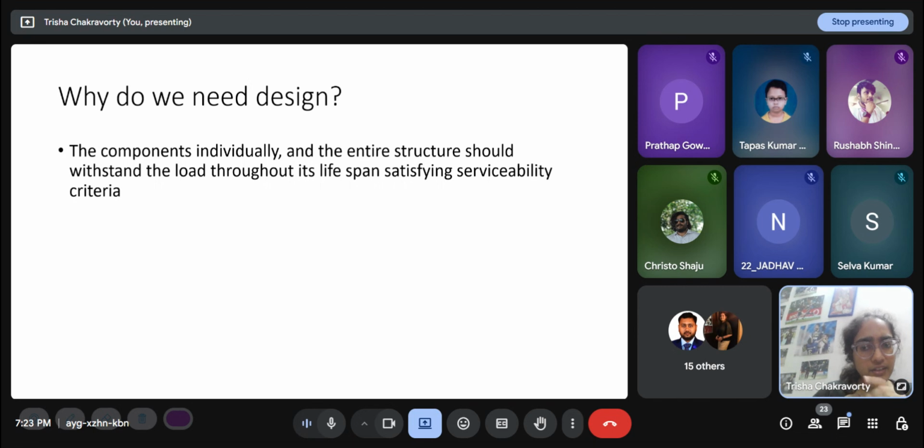Then my structure has not collapsed, but it is not serving the purpose for which it was built. Or for example in parking lots, there has to be a certain headroom so that the cars can pass through it. If my beam deflects so much that the car cannot pass through it, then it basically violates the serviceability criteria. And as a structural engineer, I have to ensure that even that limit is not exceeded.